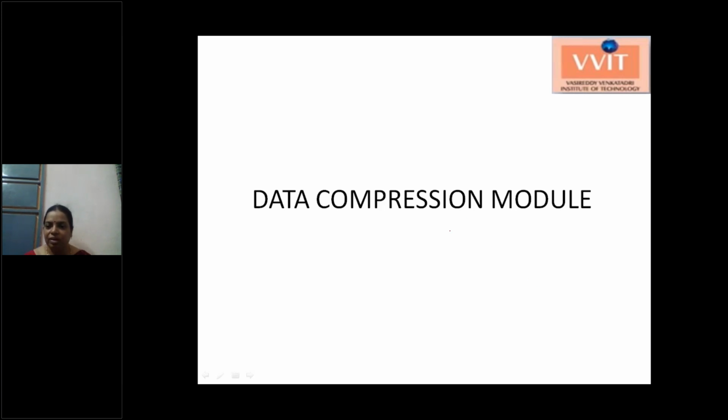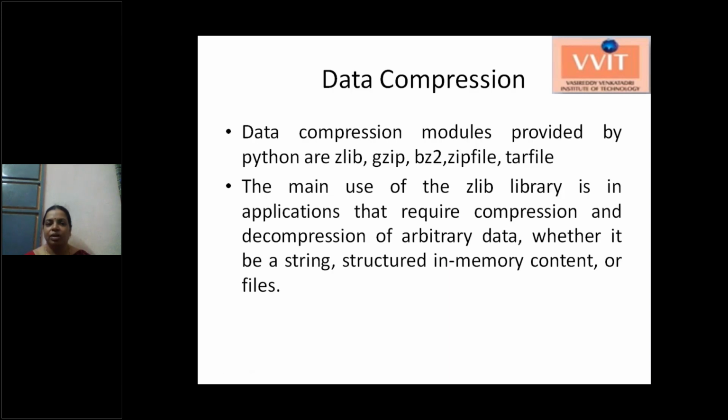So next we will go through the data compression module. The data compression module is used to compress data in different formats. That is, you can compress data using modules such as zlib, the zipping library, gzip, bz2, zipfile, and tarfile.